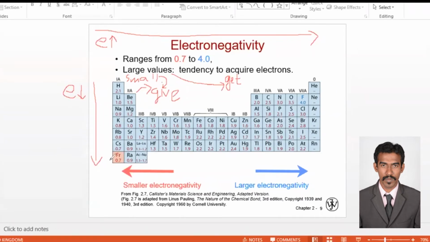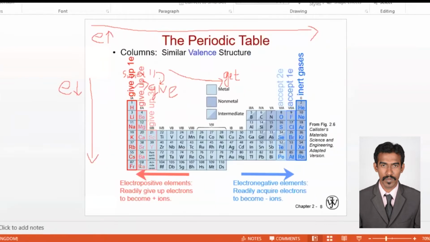Elements with low electronegativity values we call electropositive elements, as I showed in the previous slide. If the electronegativity values are low, we call them electropositive elements, and if the values are high, we call them electronegative elements.